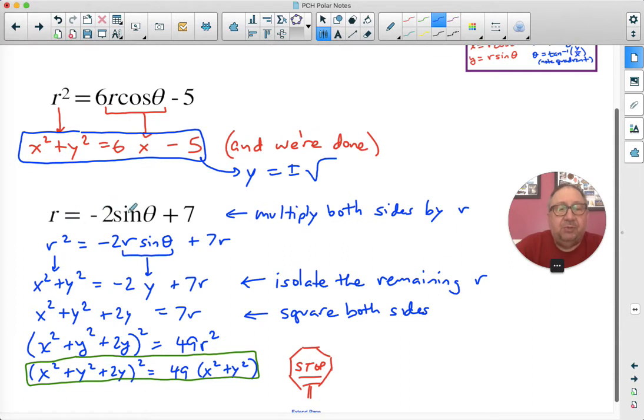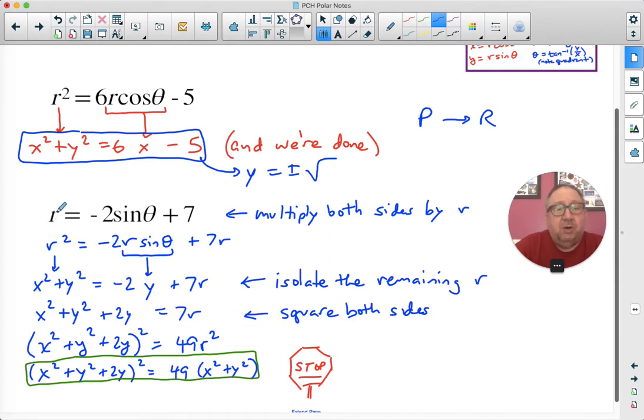Finally, r equals negative 2 sine theta plus 7. A little bit lengthier this time. We're looking to get rid of the r's and the thetas, and we want to try to be creative with this. Sometimes this direction from polar to rectangular is the toughest direction, unless things are just sitting right there like up here.